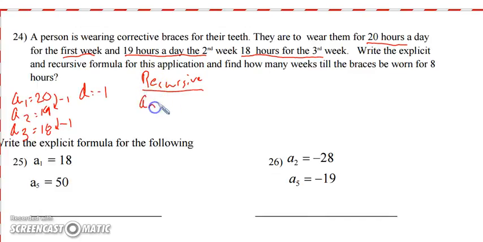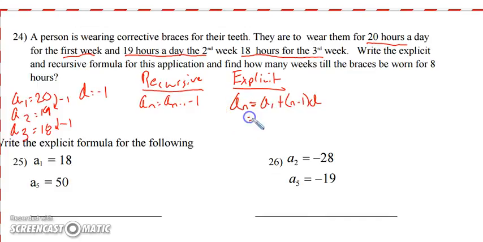Okay, so we get an equals an minus 1 minus 1. Then we get explicit. Okay, an equals, let's see, a1 plus n minus 1 times the difference.